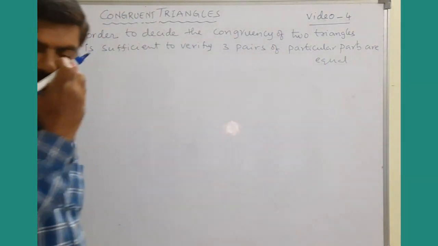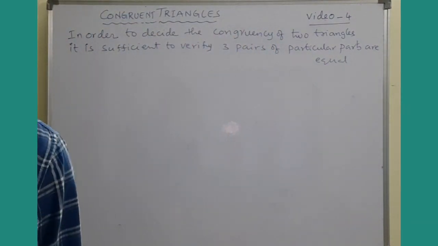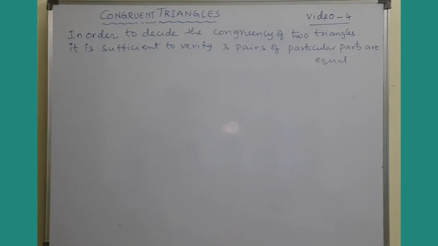I mean, parts are nothing but, I told you already, three angles and three sides, together six components or six parts. Now if you want to decide whether the two given triangles are congruent or not, then we have to check at least three pairs of those particular parts are equal or not.